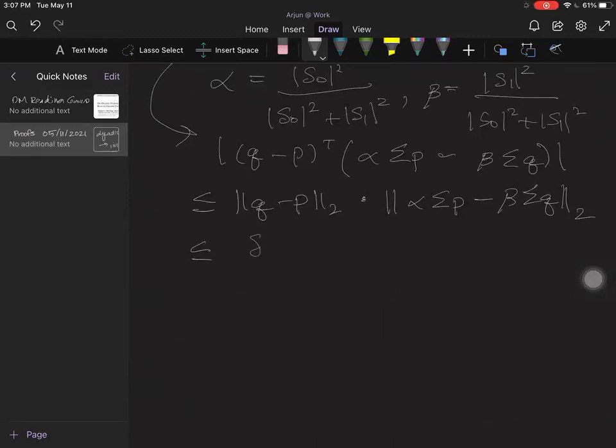And we can also factor out the norm of sigma. And now we're left with something that looks like this. We can write this.